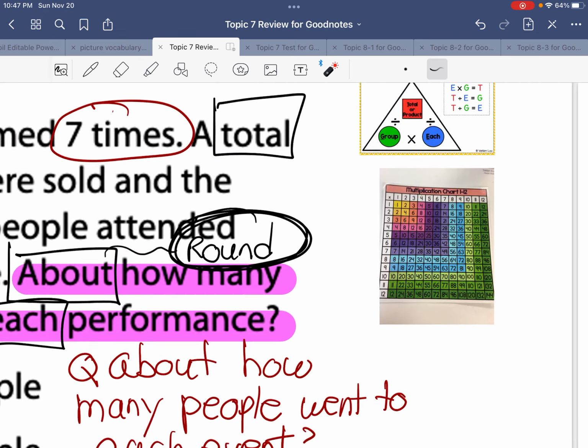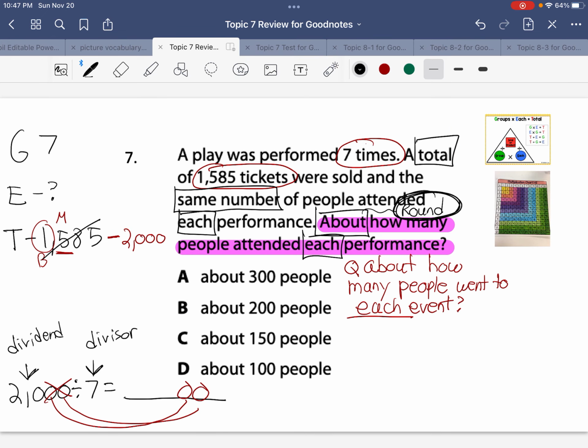So I'm going to have to draw for this. I'm going to make a group of 7: 1, 2, 3, 4, 5, 6, 7. That's one group, and I'm trying to get to 20. So again, 8, 9, 10, 11, 12, 13, 14, 15, 16, 17, 18, 19, 20.